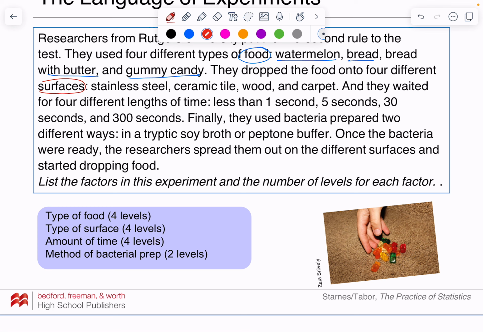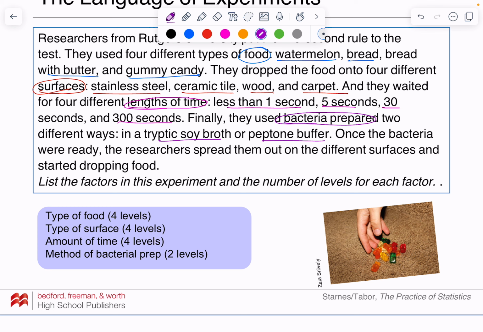For surfaces, we have again 1, 2, 3, 4. For lengths of time, 1, 2, 3, 4 of them. And last but not least, bacteria prep, there was only 2, soy broth, peptone buffer.